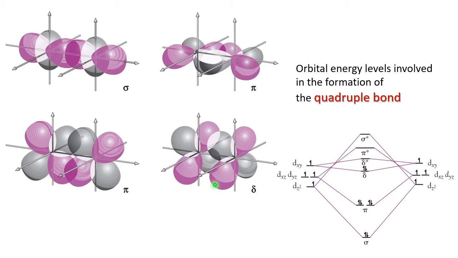This overlap is not as large as for pi or sigma, still it is detectable. So in this case, these 2 atoms make a quadruple bond. That was impossible for sigma and p orbitals only.